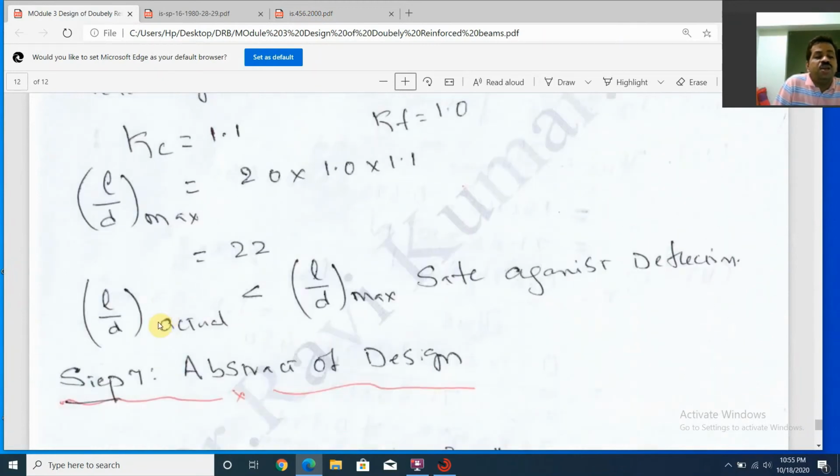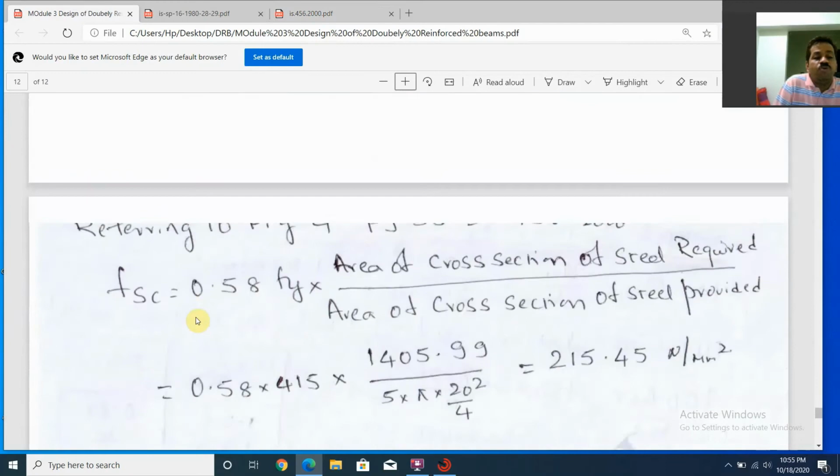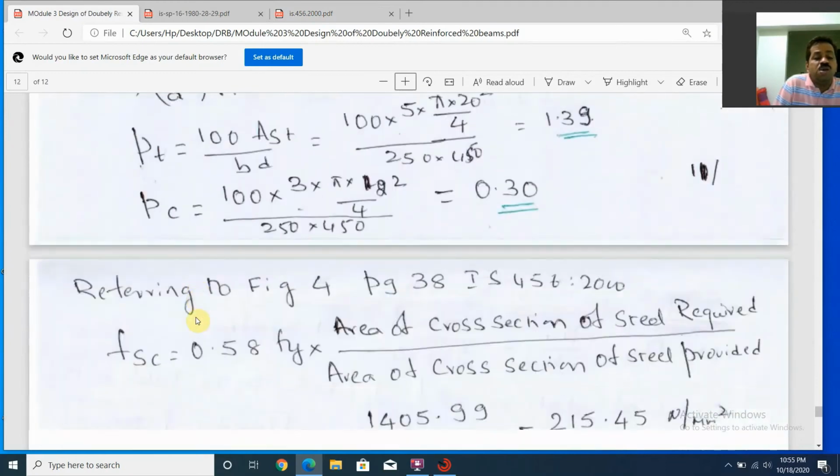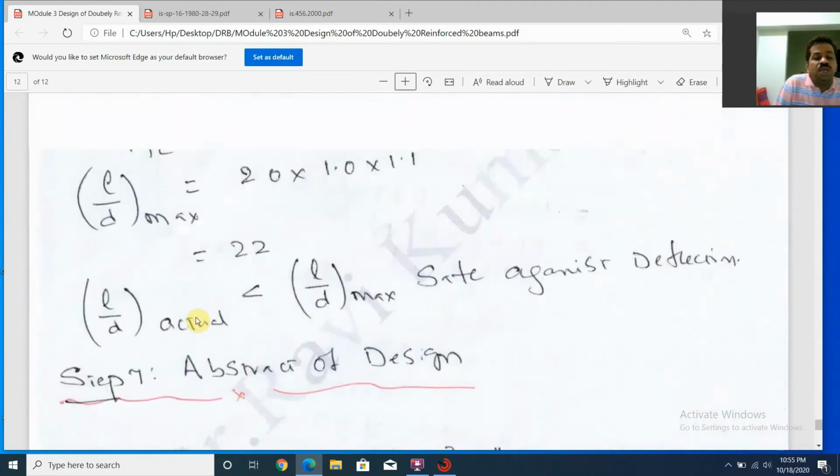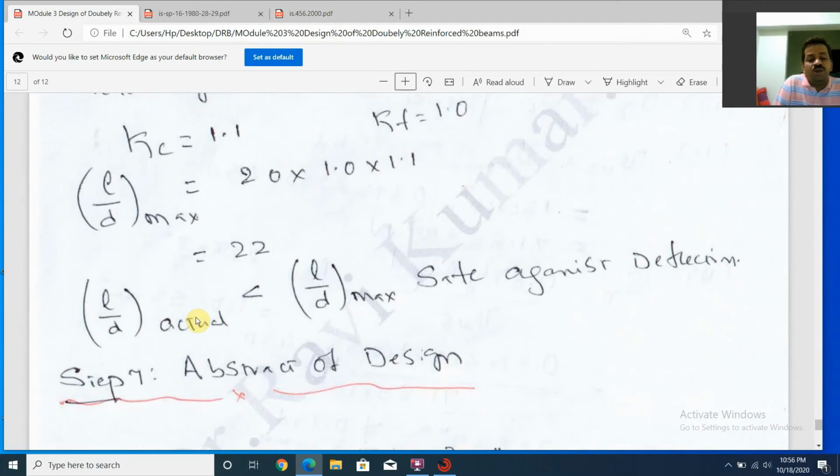L by D actual is 11.11 in this problem, and comparing to this, L by D maximum is 22. So it is safe against deflection. So we have designed for bending moment, we have designed for shear force, and we checked whether it is safe against deflection based on the percentage of reinforcement given in the tension zone as well as in the compression zone.